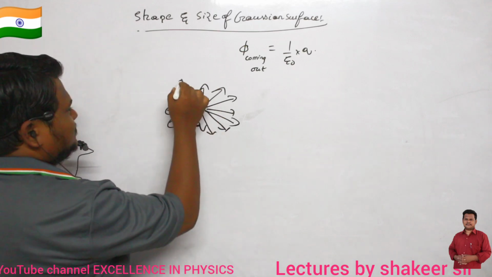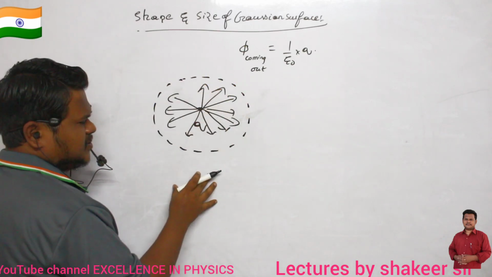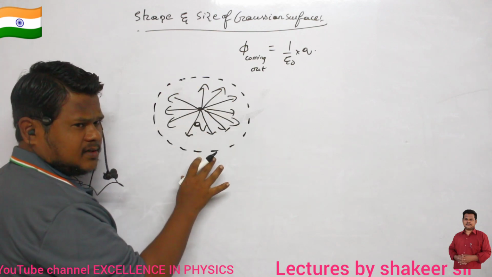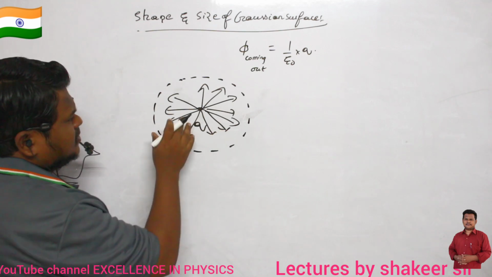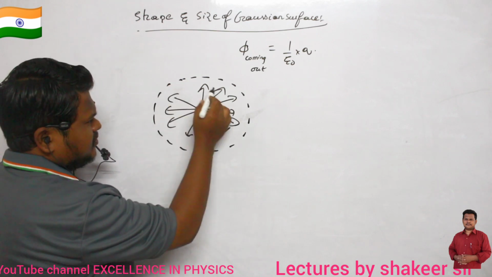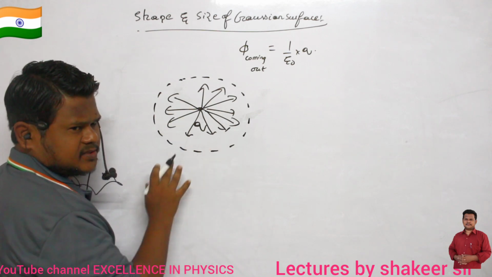This one, no? If I draw this type of shape, a hollow sphere, this is not a circle, this is a hollow sphere, or you can say it is a shell. Clear? Then flux lines will be crossing this Gaussian surface, no? Every flux line which is generated at this charge must cross this Gaussian surface.